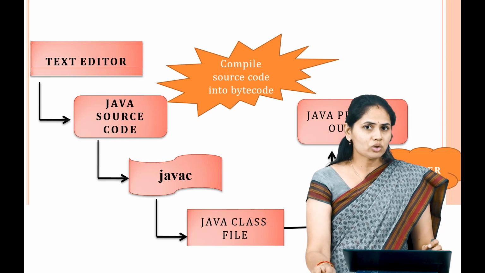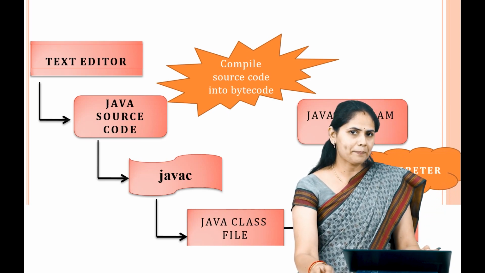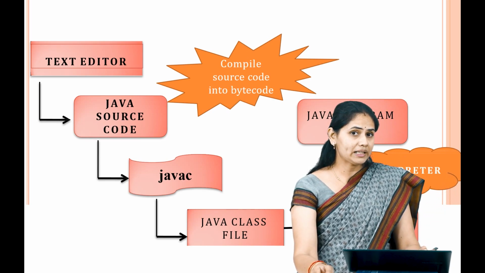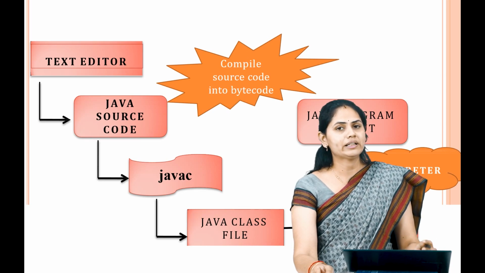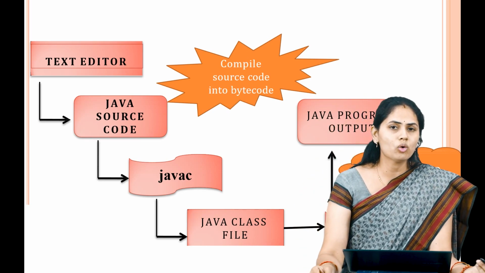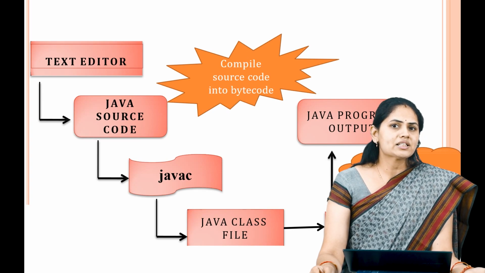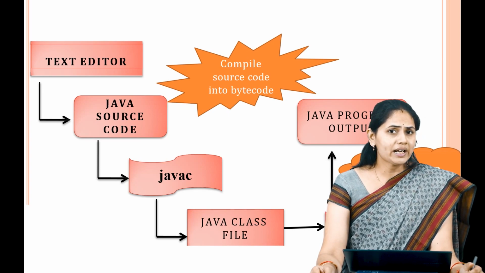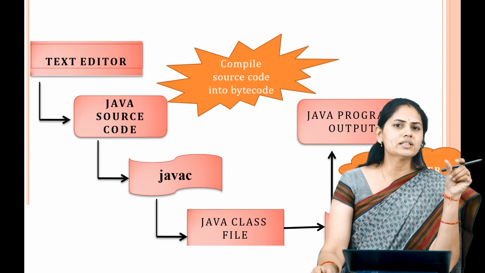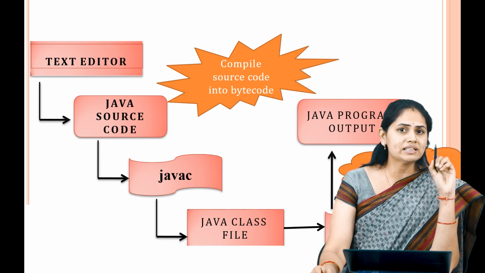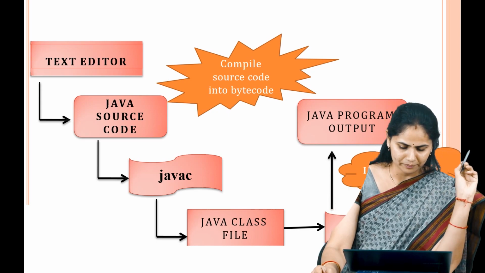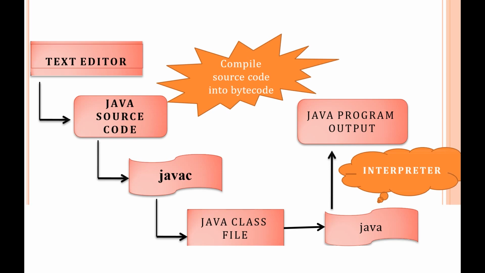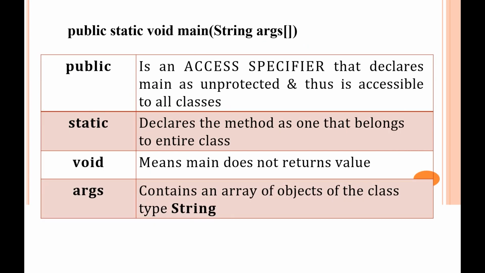That source code is taken by the Java compiler, and then the compiler creates a class file, also called bytecode, and this class file name is created by the compiler. So, this class file will have the same name as the class name, and then this file is taken by the interpreter, and the interpreter produces the output. So, that is all about the program.